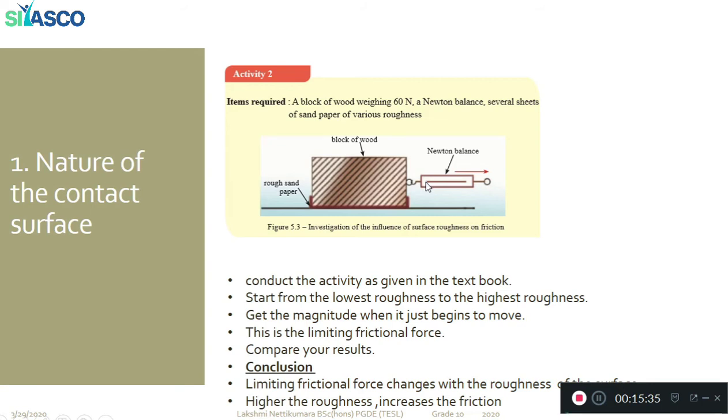What will you observe? You will observe that the values are not constant or equal. They vary with the roughness. So we can conclude the limiting frictional force changes with the roughness or the nature of the surface. Higher the roughness, the higher the value of the limiting frictional force.